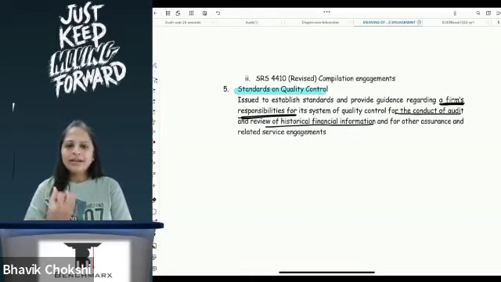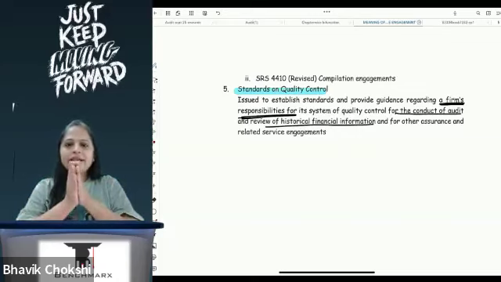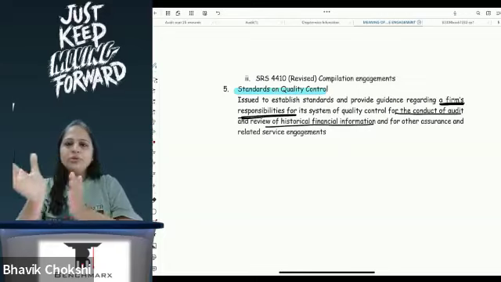And what is that quality that the firm should maintain? These are your standards on quality control. The first chapter we talk about is on standards on quality control, so we'll discuss that in detail over there. So basically it is for the CA firm, saying the firm as a whole, this is the kind of quality we expect a CA who is running a CA firm to maintain in order to do the audit.